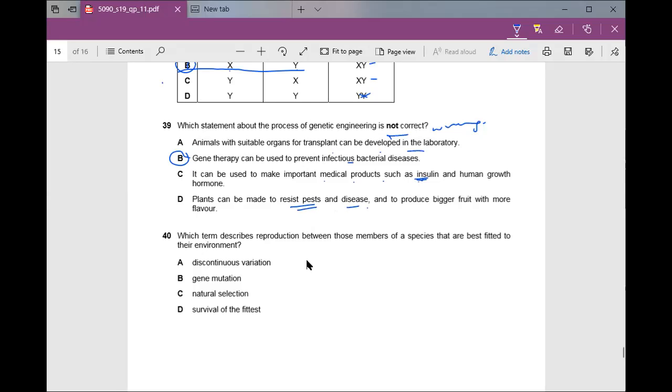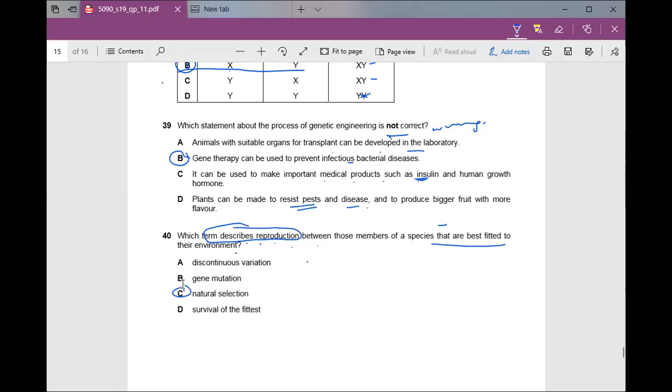Number 40, the last one: which term describes reproduction between those members of a species that are best fitted to their environment? Best fitted to their environment means survival of the fittest. They are the best for this environment, and the term describing reproduction is natural selection.